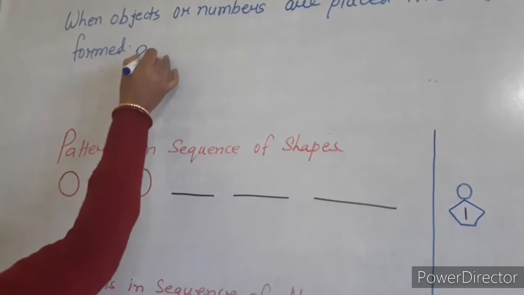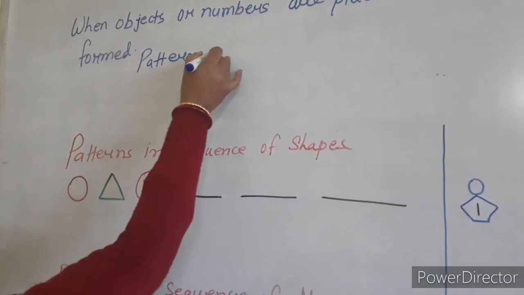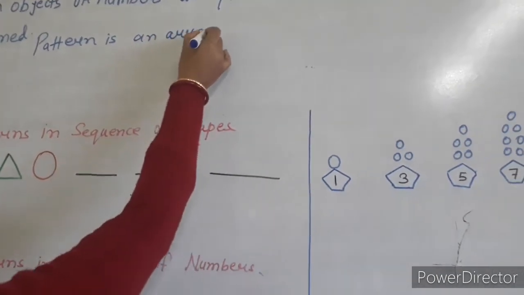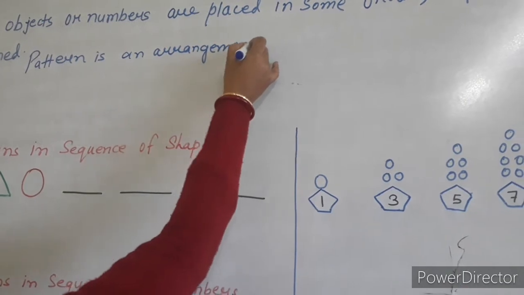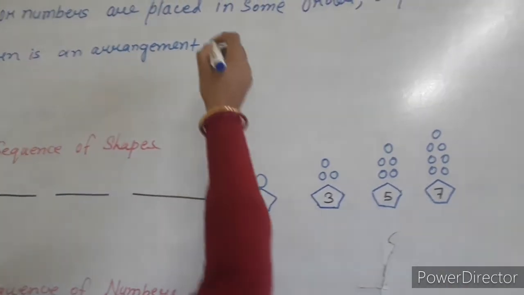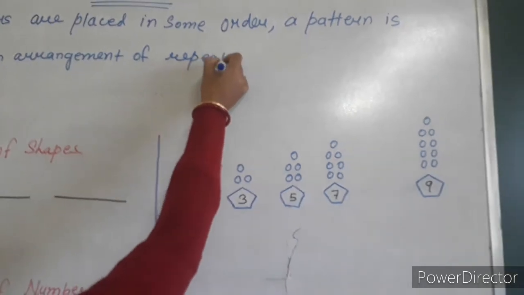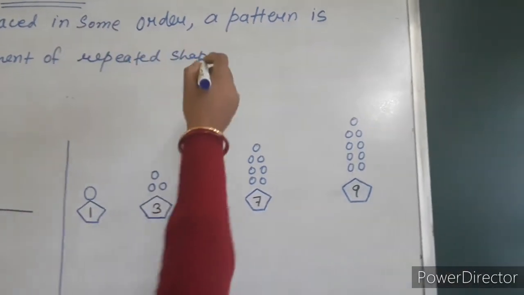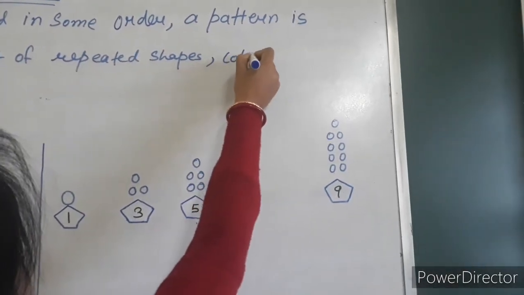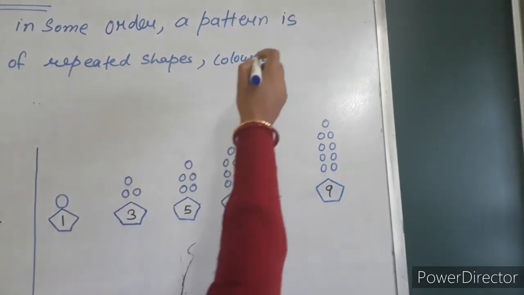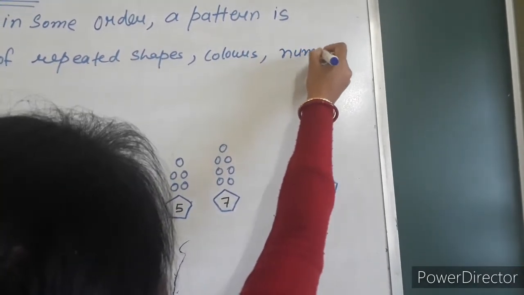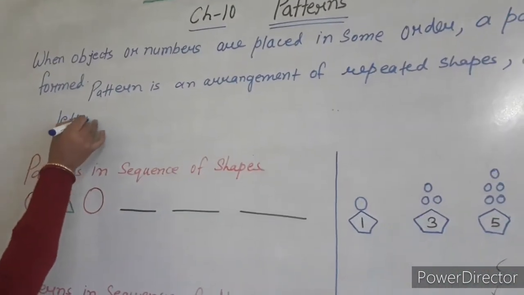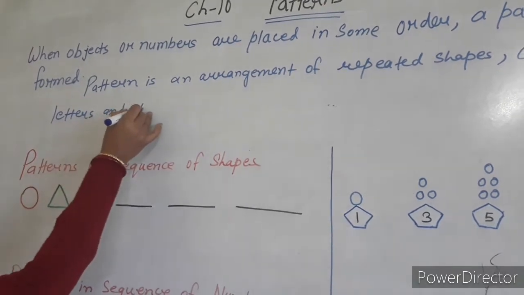Pattern is an arrangement of repeated shapes, colors, numbers, letters and objects.